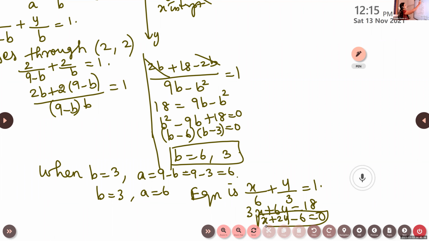What is the second equation? Can you give the second equation?